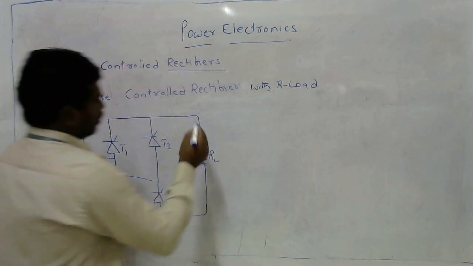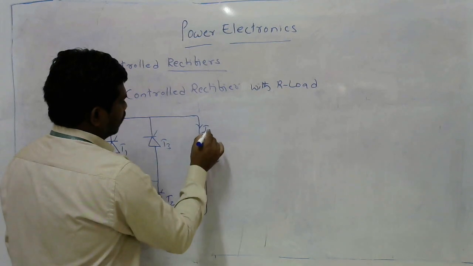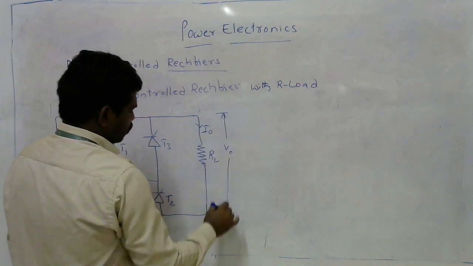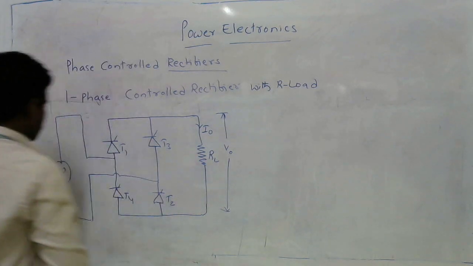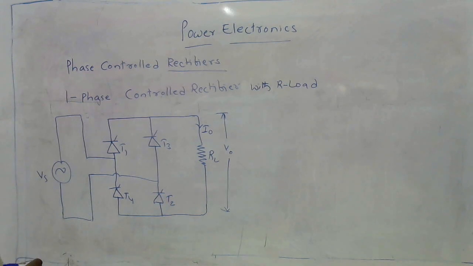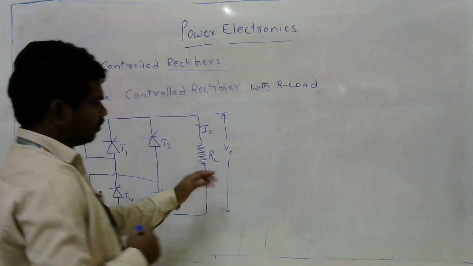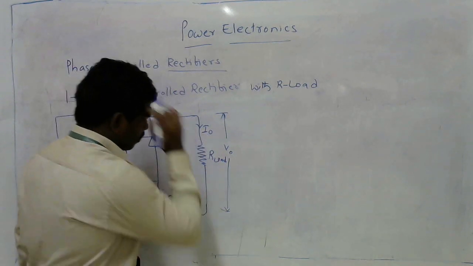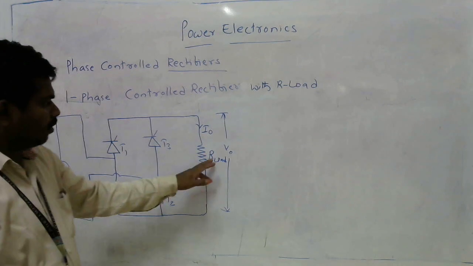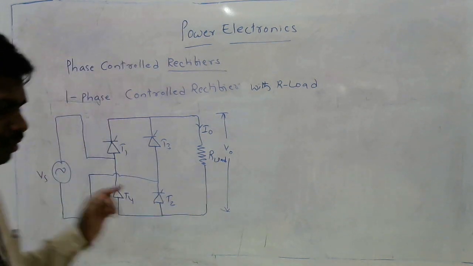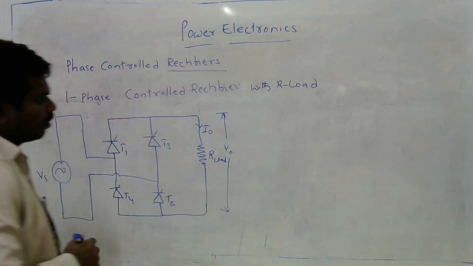This is my output current and output voltage. So this is the basic configuration of the phase controlled rectifier with R load. Don't think this is an RL load. This is R suffix L; the suffix indicates the load.